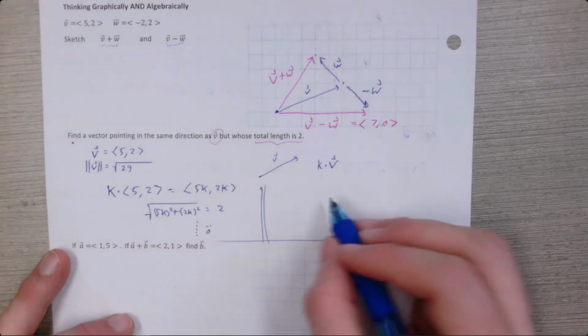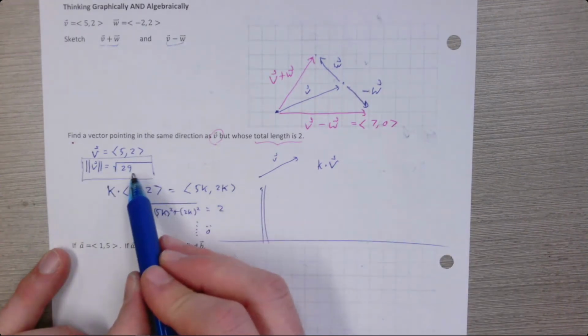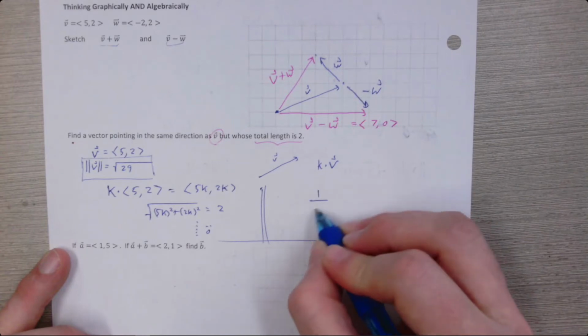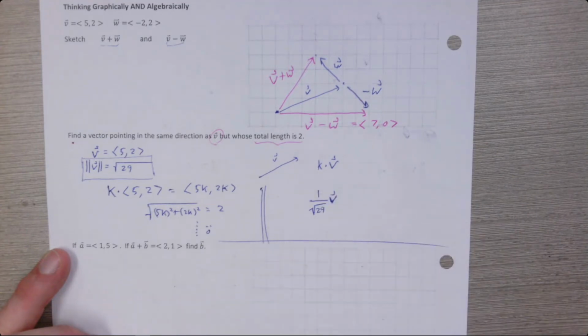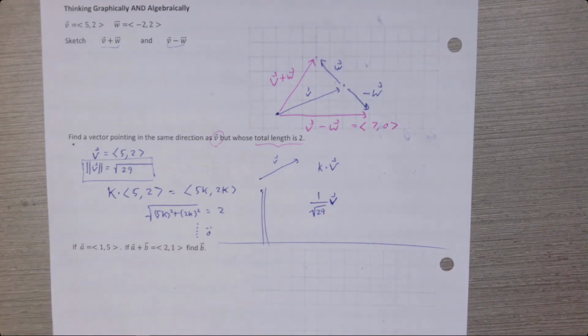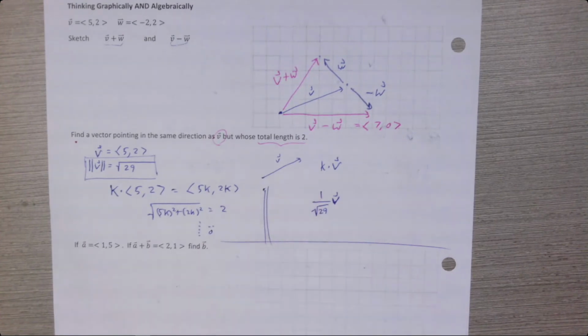So here's a question for you. If the magnitude here is root 29, what would happen if I scaled v by 1 over root 29? Tell your neighbors, what do you know about this vector? So a lot of people said the magnitude has to be 1.